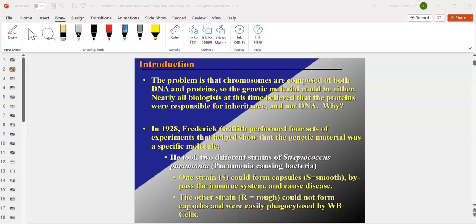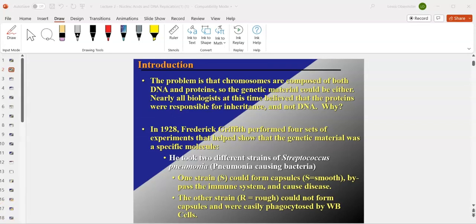And in fact, not a lot of attention was paid to DNA at all until right after this Griffith experiment, which we're going to talk about now. So in 1928, Griffith performed four sets of experiments that were meant to help determine what the genetic material was and how it worked.